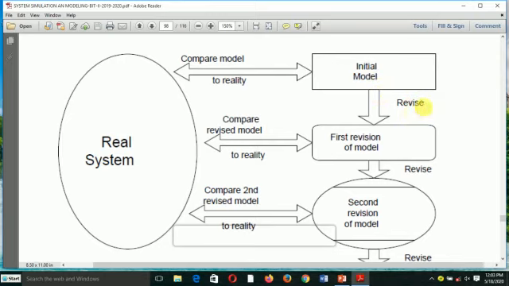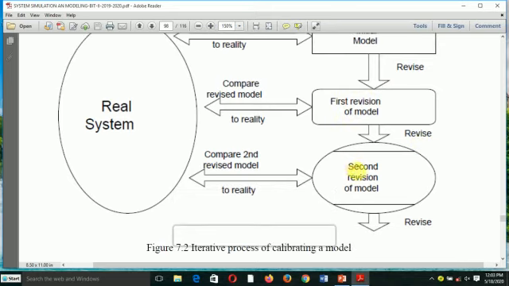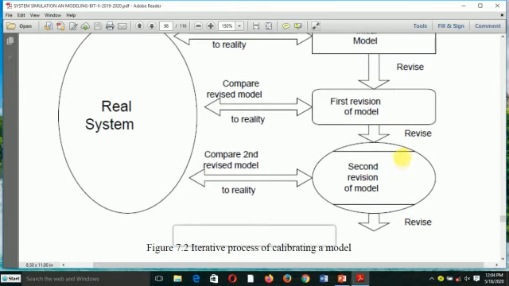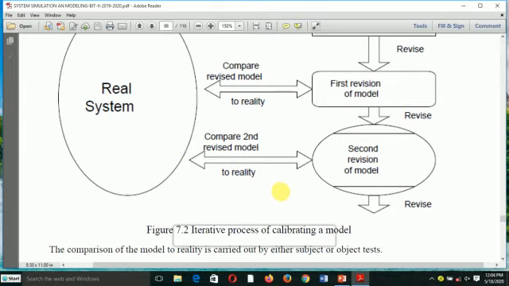After revising, I will have the first revision model. I then compare the revision model again to the real system. If there are still some differences or mistakes, again I revise. This will be the second revision. Then I compare the second revision to the real system. I will continue doing this till my model reflects 100% the real system. If they match 100%, okay, I stop.